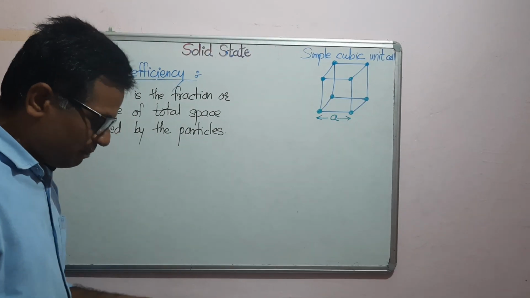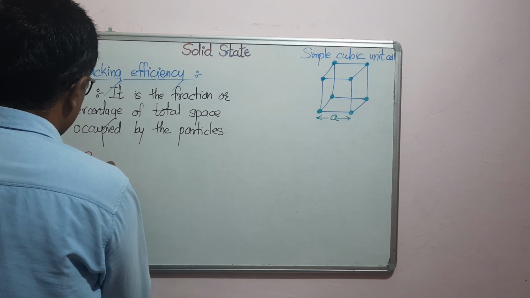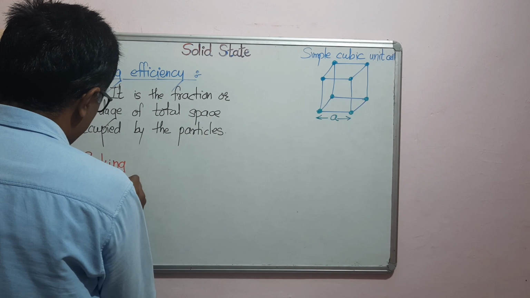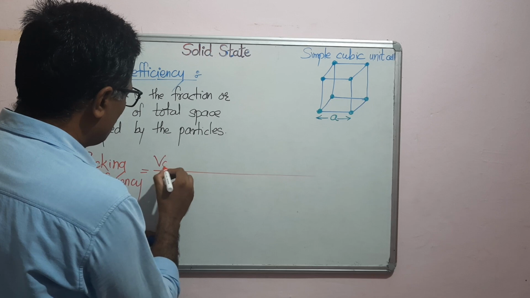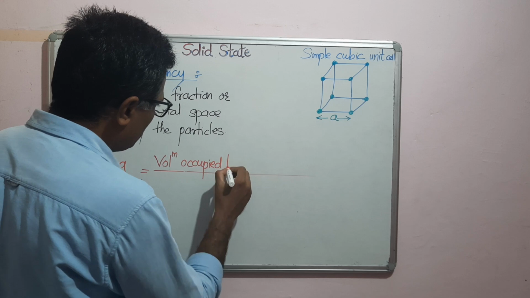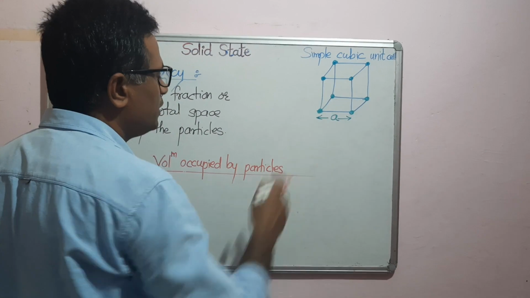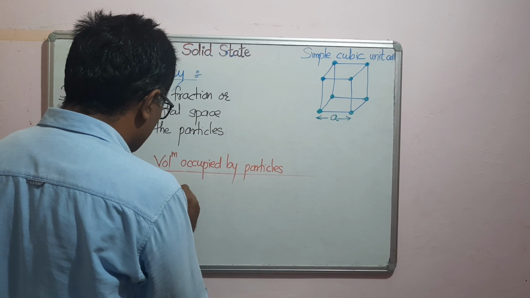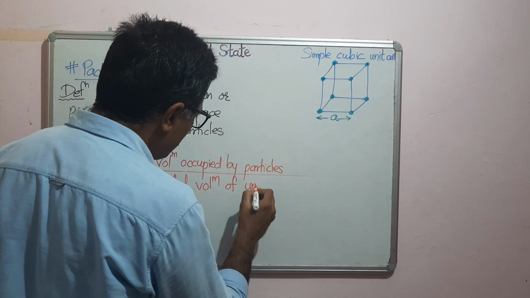Now you can write this packing efficiency in terms of a formula also. Packing efficiency is equal to the volume occupied by the particles, and here there is only one particle, so it will occupy some volume, divided by the total volume of the unit cell.